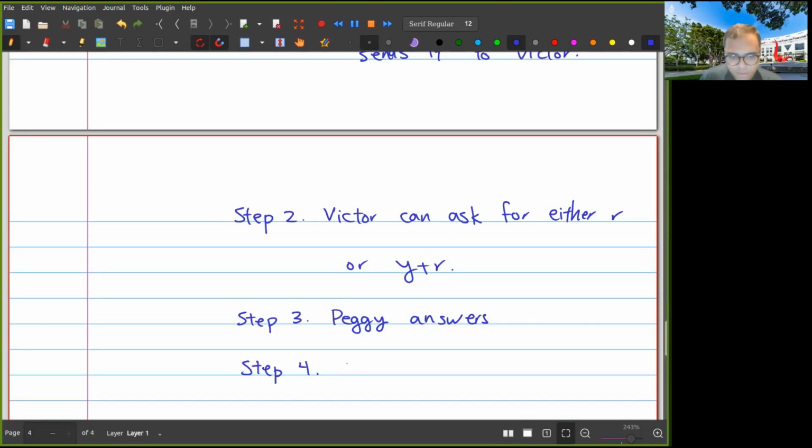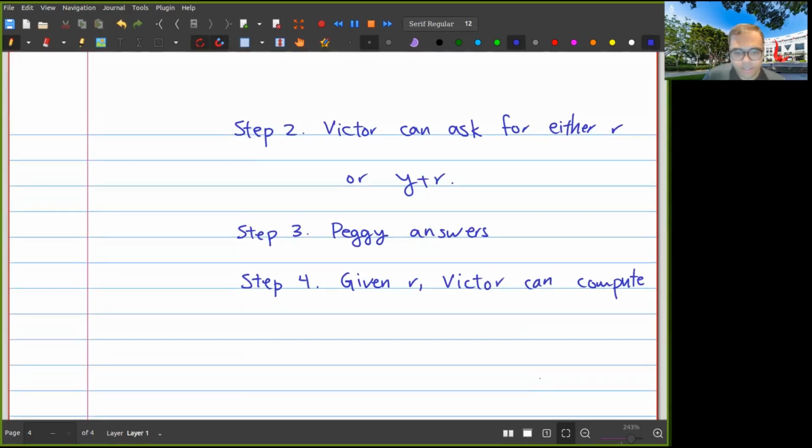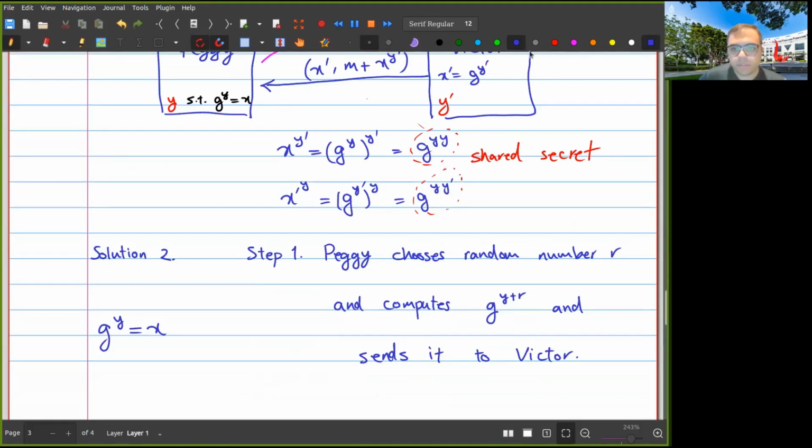Okay, so given r, if he asked for r and Peggy gave him r, Victor can compute x times g to the power of r and check if this is equal to the value that was given to him. So maybe let's give this value a name. Let's call this capital A. So Peggy gave capital A to Victor.